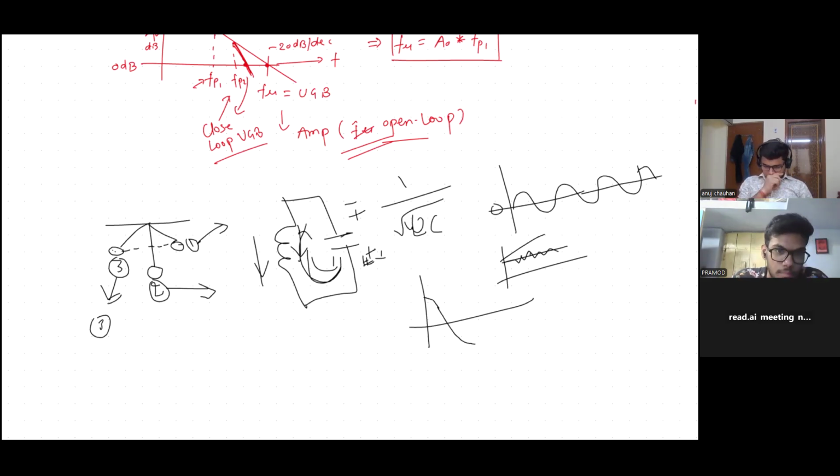What is exactly happening at the first one? Can you write the energy equation? Let's say this is my ground reference. Tell me, at the first point, what is happening in terms of energy?